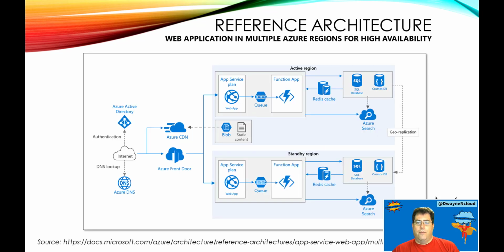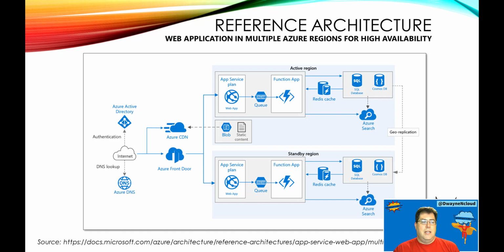And then here with the Azure Front Door, you can see in this reference architecture, it's actually using both the front door and the content delivery network, where the front door is routing traffic to the different apps and utilizing the web apps in different regions for directing traffic based on the geographic requirements or where the geographic location is.